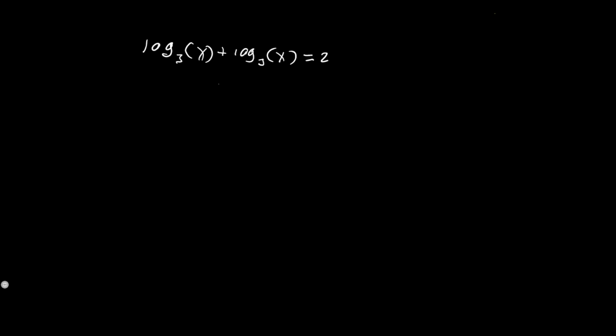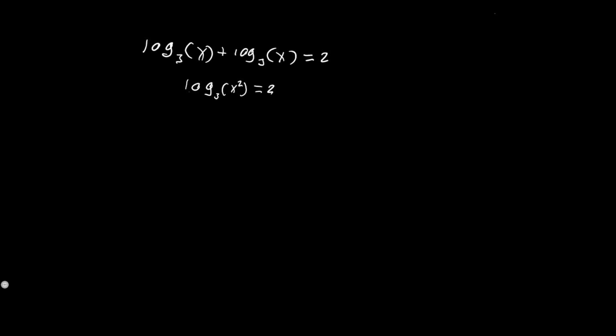So here, we can go ahead and just use the same property, which is multiplying x and x, since we have the same base, and it is addition. If it were subtraction, we would have to divide. But we have log base 3 of x squared is equal to 2.